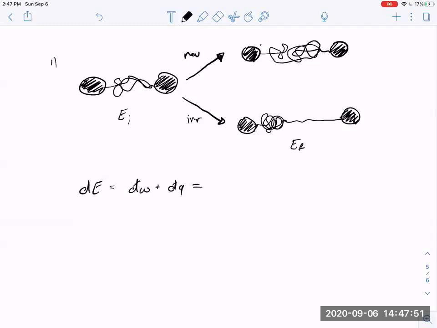EF minus EI is the same. So if this is the irreversible dW and dQ, heat and work, and this is the reversible heat and work, the sum of the heats and works have to be the same because I start and end in the same position.